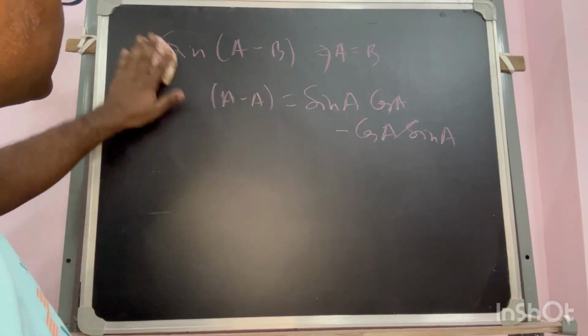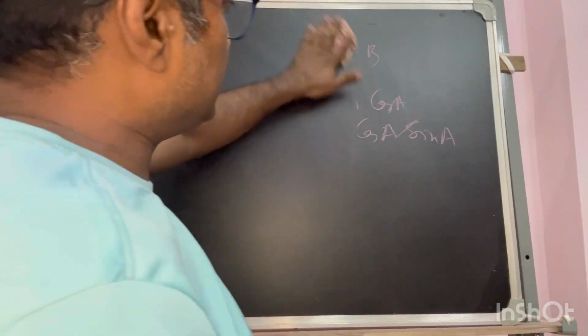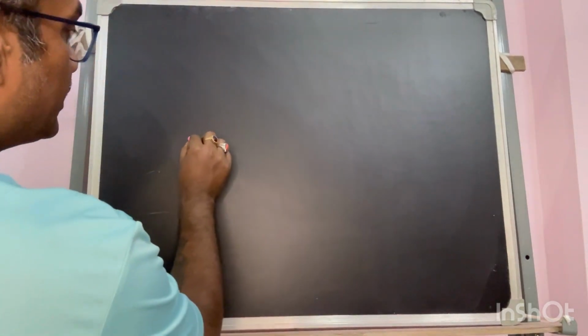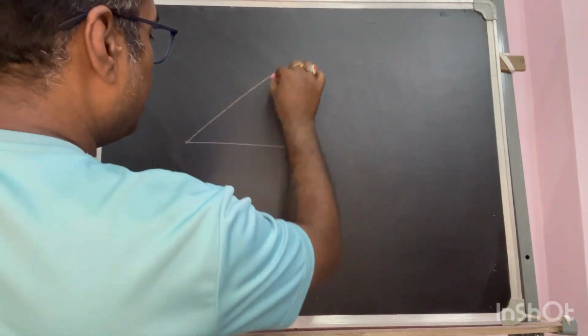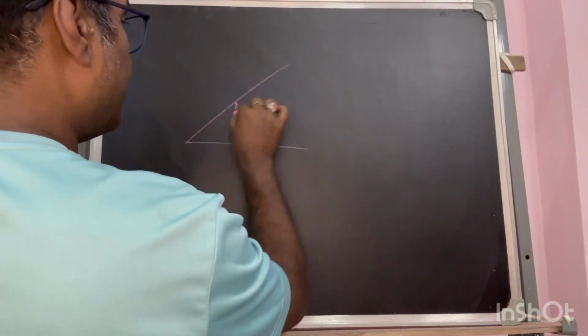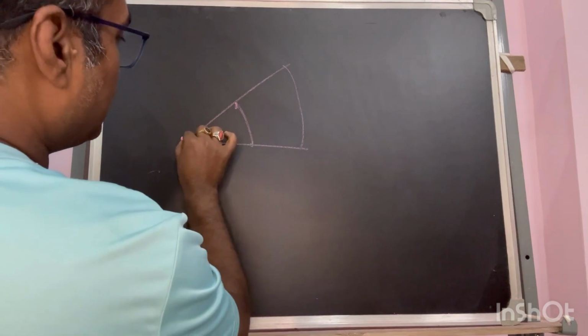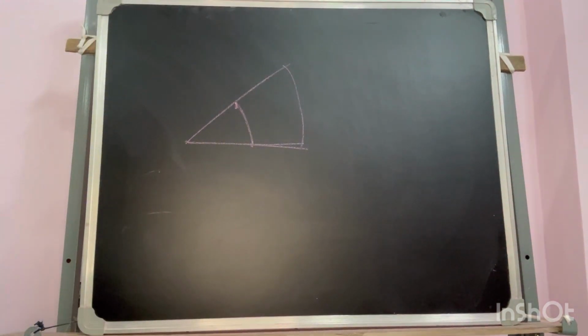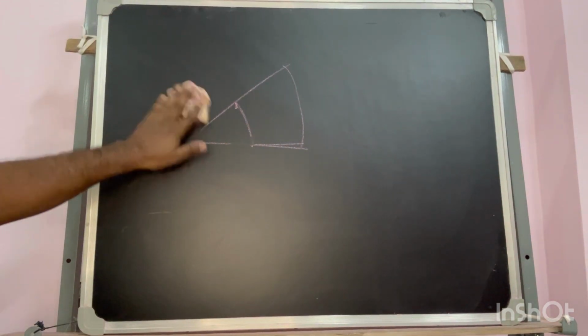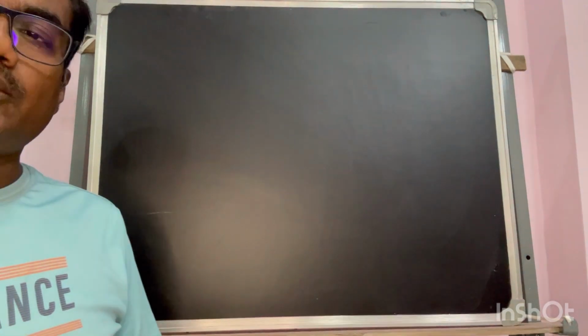Physically also you can understand: if an angle is moved by angle A, and it comes back by the same angle, it will lie on the same line, so it cannot make a triangle. So the trigonometric ratio will not follow here.